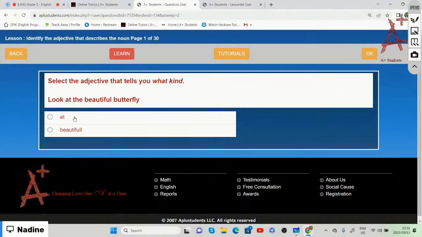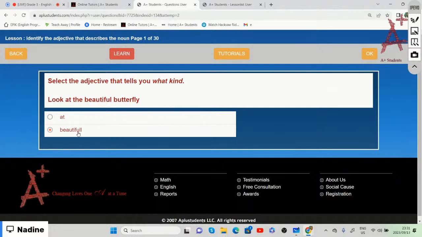Is it at or beautiful? Because now we're describing the noun. If we select the adjective that describes or tells us about the noun, then we will say beautiful.